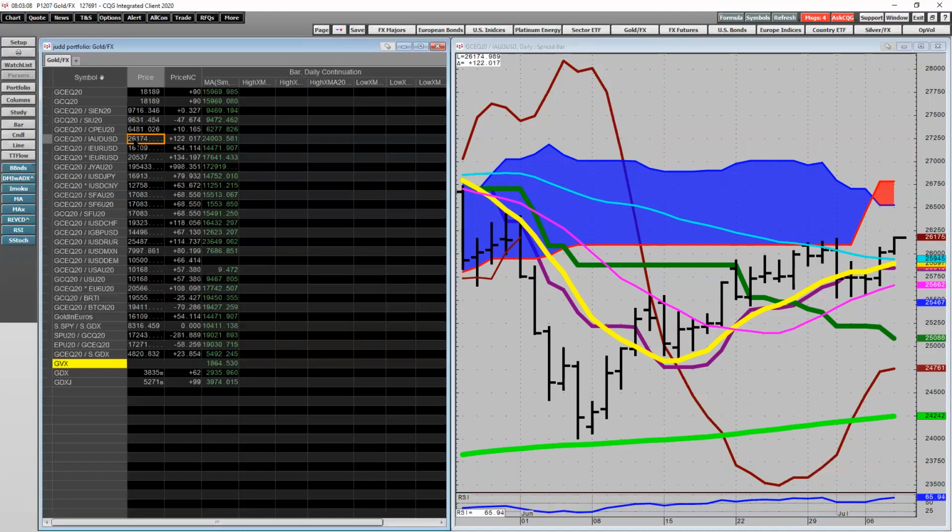Now in CQG, in some of these cases, we multiplied it with the symbol in small letters instead of uppercase, and in CQG that reverses the cross. We did that mainly for currencies.